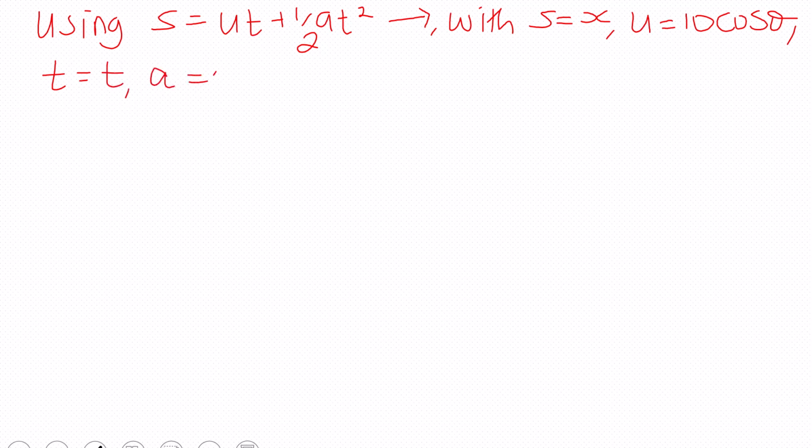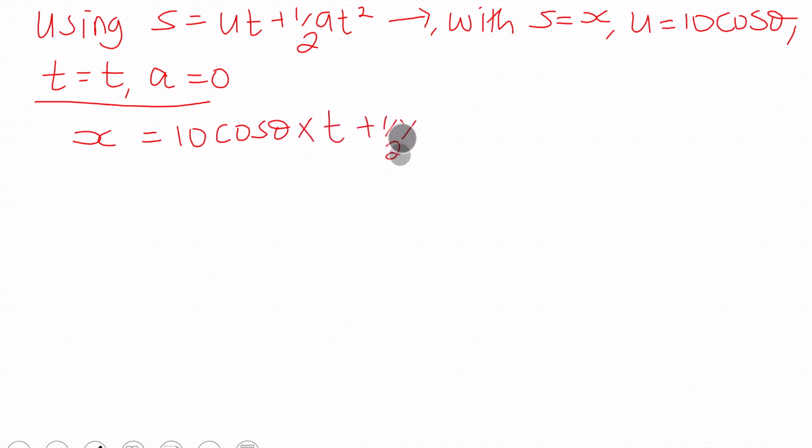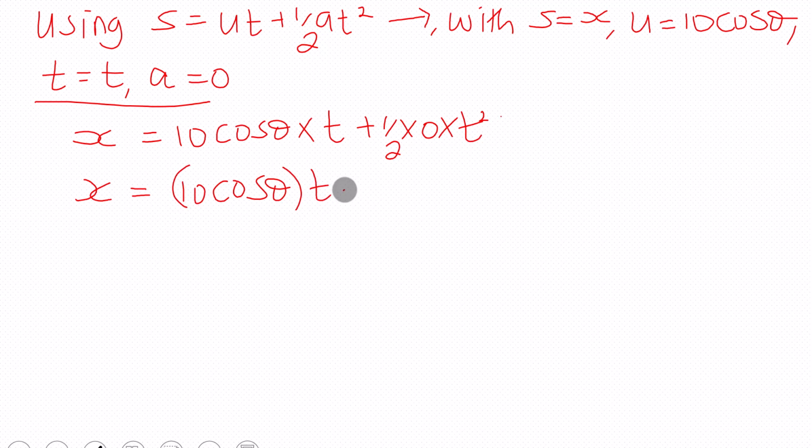Our acceleration will always equal 0 in the x. So x equals 10 cos theta times t plus a half times 0 times t squared. Finally, x equals 10 t cos theta. So this is the expression of x in terms of theta and t.